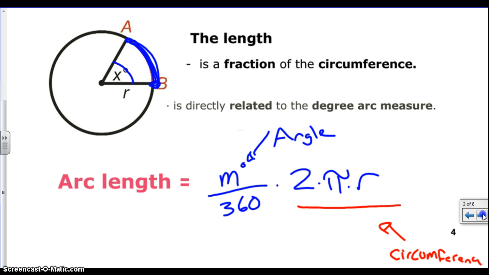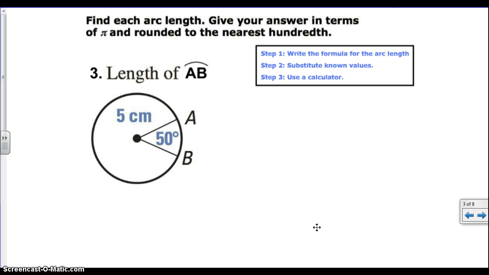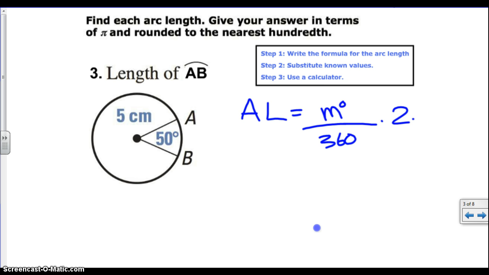Perfect. So let's see how this works. Find each arc length. The first thing we always want to do is write our equation. So the formula is arc length, AL, equals m over 360 times 2 pi r. Now let's just plug in what we know.